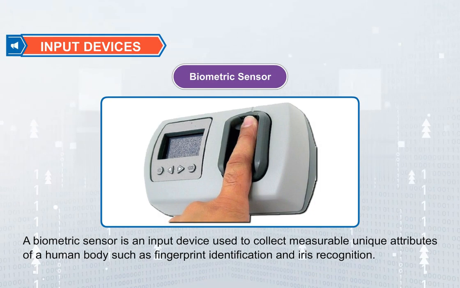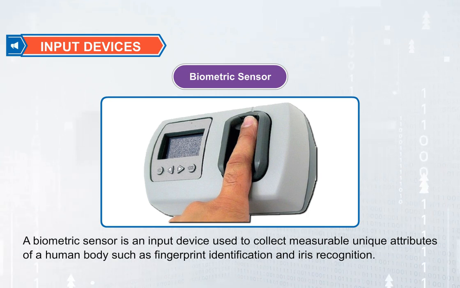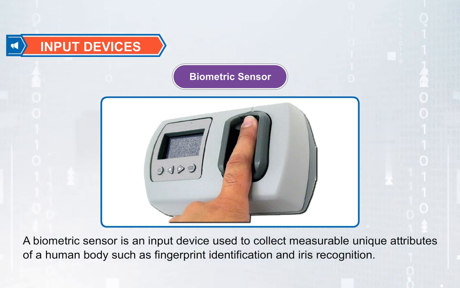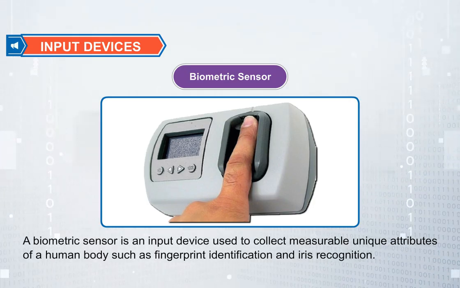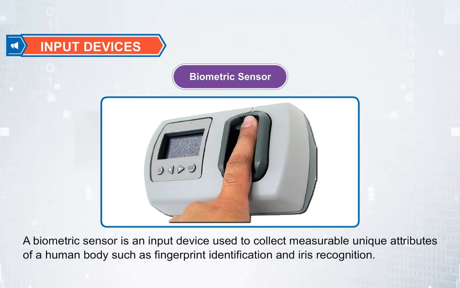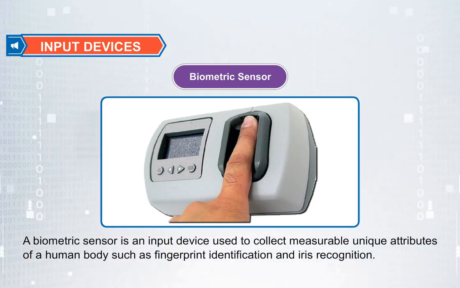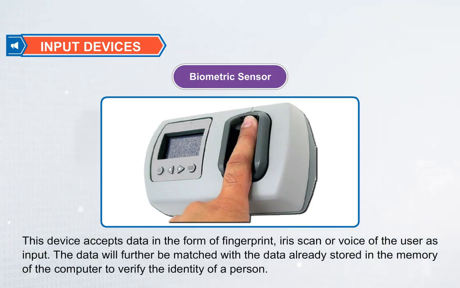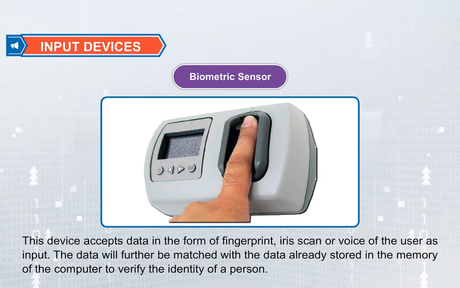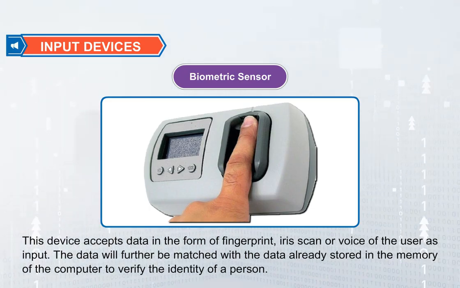Biometric sensor. A biometric sensor is an input device used to collect measurable unique attributes of a human body, such as fingerprint identification and iris recognition. This device accepts data in the form of fingerprint, iris scan, or voice of the user as input.